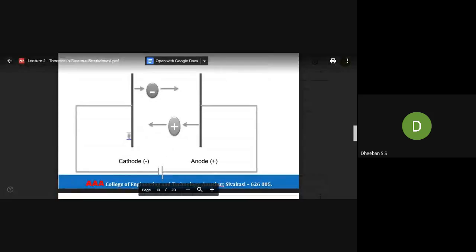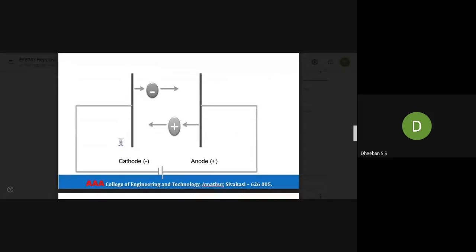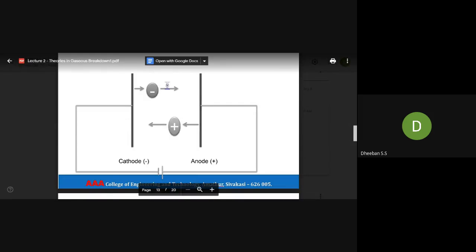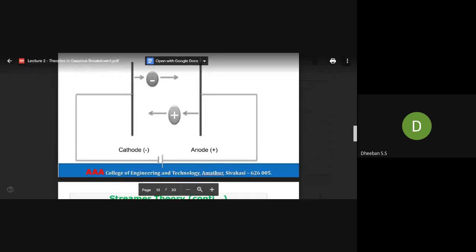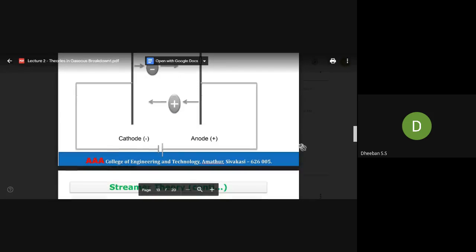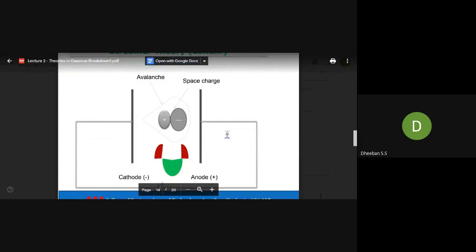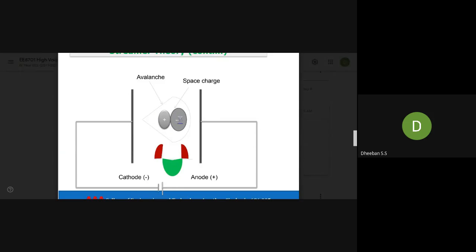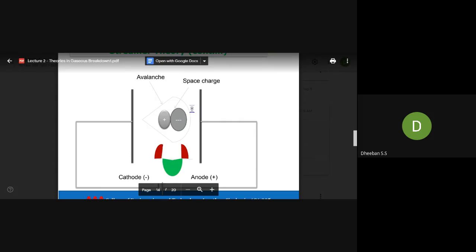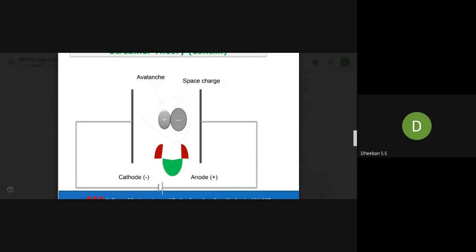You will be taking an anode and a cathode, and you will be applying the electric field, that is a very high voltage electric field, to create these air particles. So what happens here is, there will be a space charge. Okay. If I get into the space charge concept, it will take a very long time for me to explain.